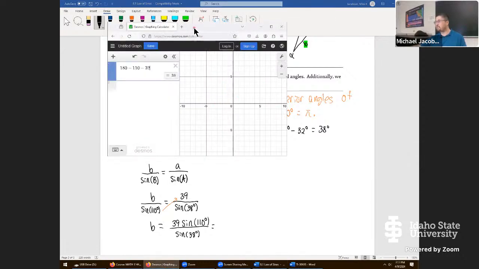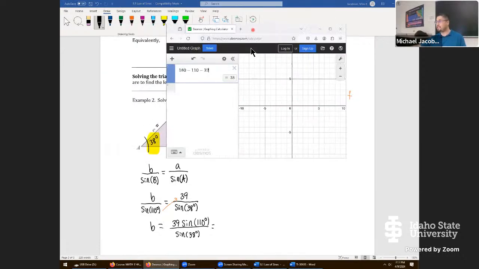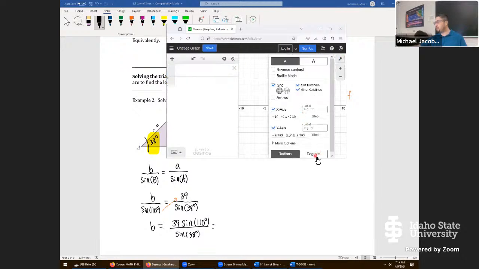So for me, I'll be using Desmos because it's just really fast. But even in Desmos, click on this button and make sure you're in degree mode if you're giving angles in degree measurement. Usually we don't convert these to radians. We just leave them in degrees on these kinds of problems.